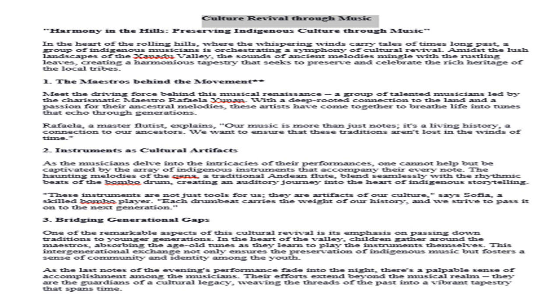He talked about it in 3 parts, and then comes your last part, the conclusion, where the paragraph starts with, as the last notes of the evening's performance fade into the night. So that's basically the conclusion of the article. So see, there is a title, then there is a headline, and then there is a lead, then there is the body of the article, and then there is the conclusion.